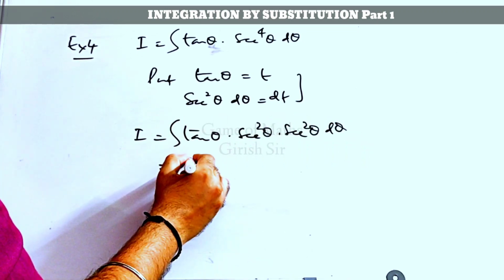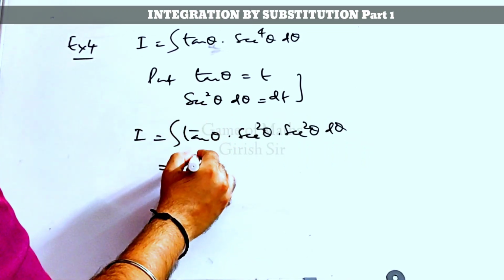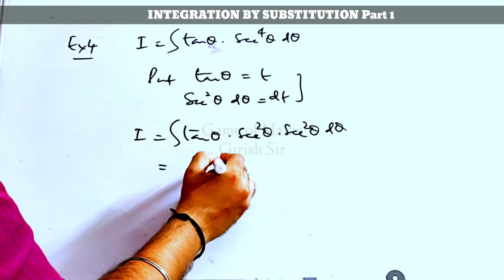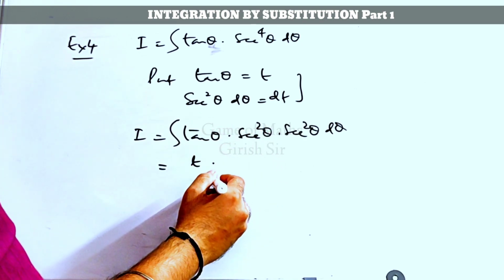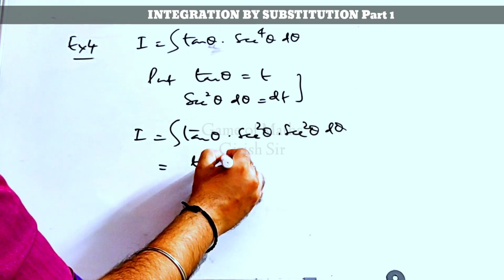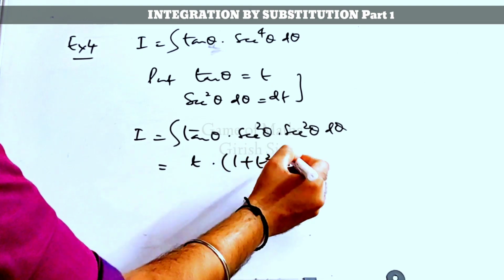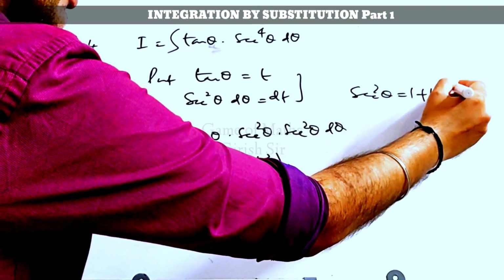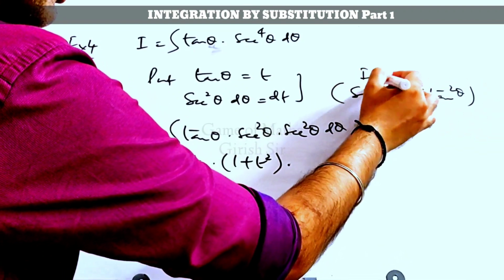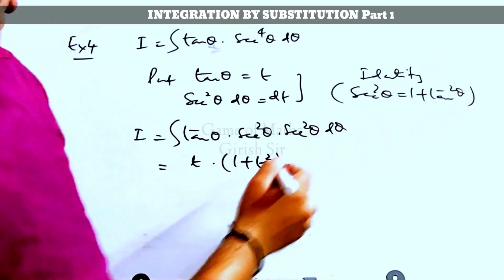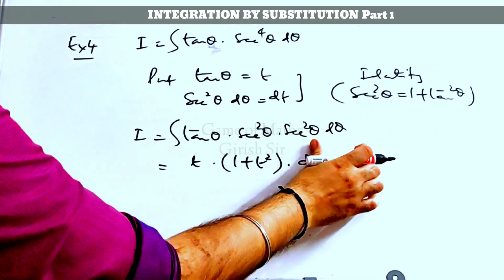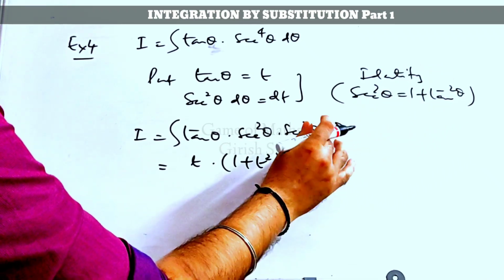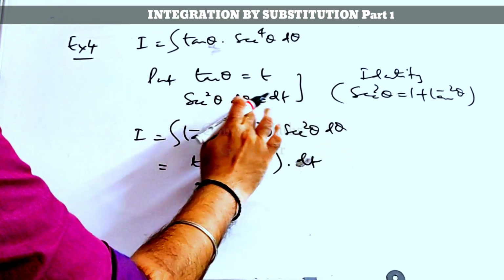Now make the substitutions. In place of tan theta I can put t. Secant square theta can be written as 1 plus tan square theta, so I can write 1 plus t square here. I hope you know the identity: secant square theta is 1 plus tan square theta. And here in place of secant square theta d theta, I'll write dt.